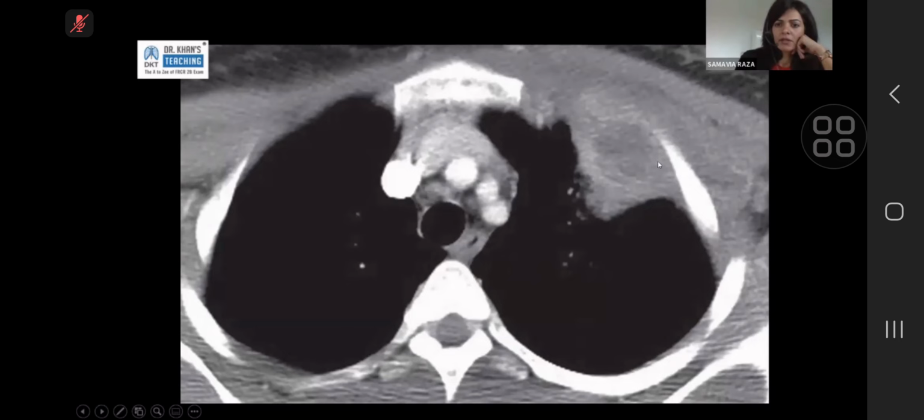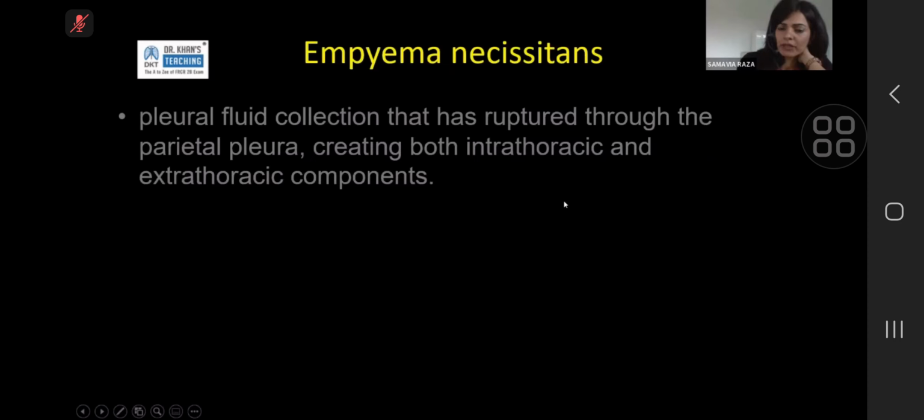Okay, this one, just have a look at this pleural based opacity and tell me what worries you about this.